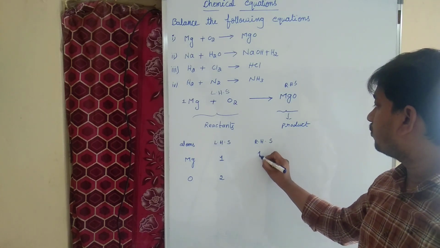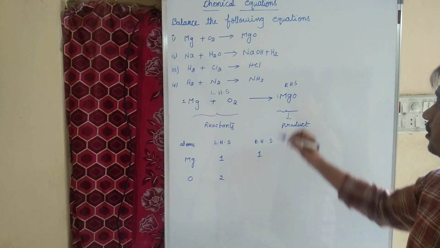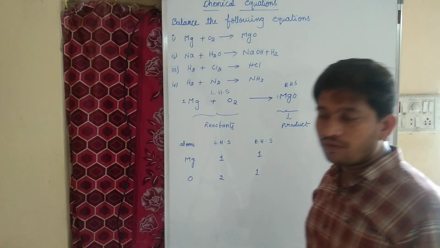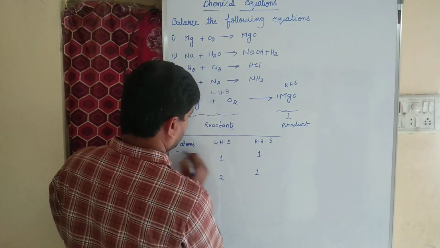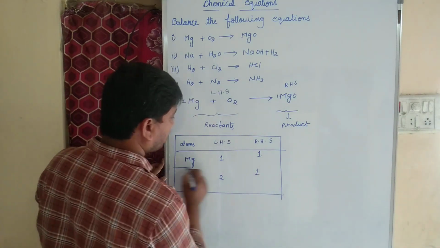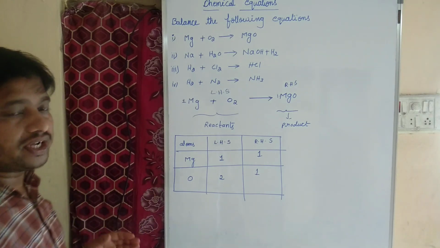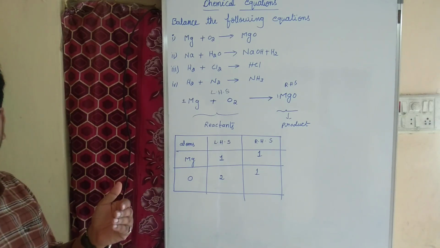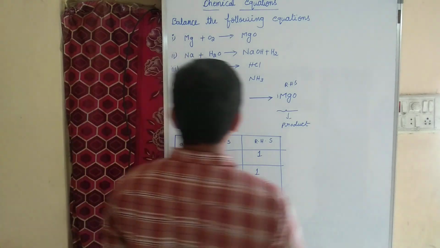We have one atom of magnesium and one atom of oxygen, right? Children, better if you draw this table so that we can easily know which atoms are unbalanced.